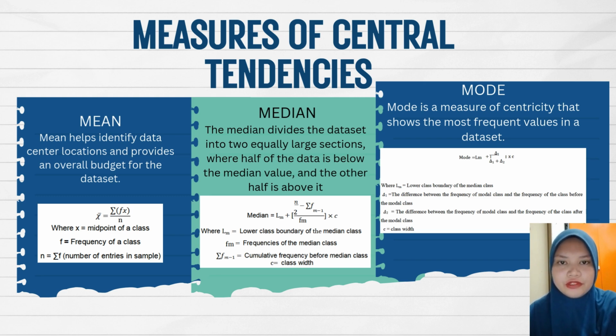The formula for mode is Lm, also the lower class boundary of the modal class, plus open bracket triangle 1, which is the difference between the frequency of the modal class and the frequency of the class before the modal class, divided by triangle 2, which is the difference between the frequency of the modal class and the frequency of the class after the modal class, plus triangle 1, closing bracket, multiplied by class width.